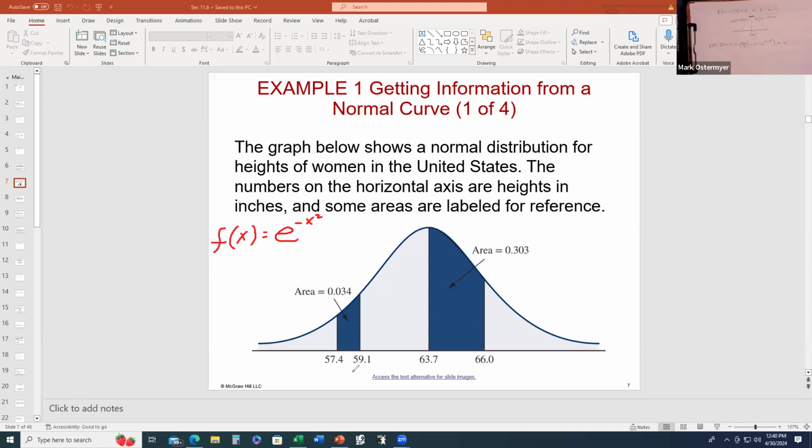That is not an elementary function, ladies and gentlemen. And in order to find areas underneath this curve, you would have to use numerical integration from calculus to approximate these areas. But we're not going to use calculus in here. That's not what this course is about.